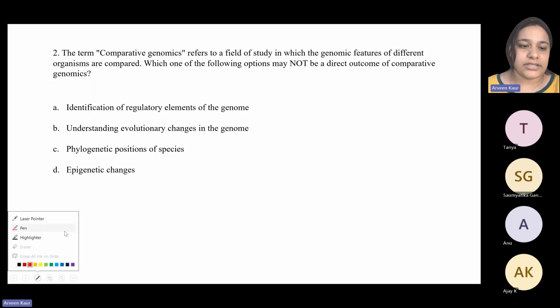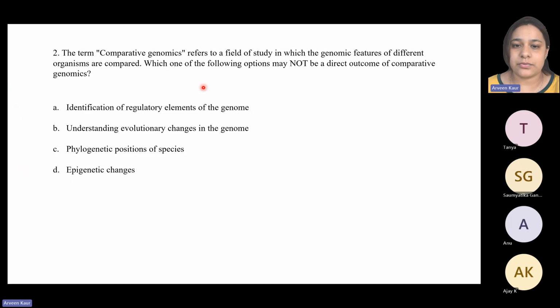I just read out these questions, and the options for the question of which one might not be a direct outcome of comparative genomics are: identification of regulatory elements of the genome, understanding evolutionary changes in the genome, phylogenetic positions of species, or epigenetic changes.